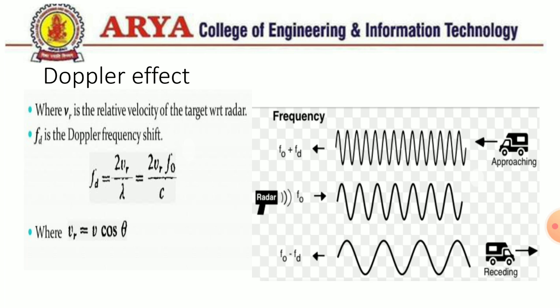Now I will explain what will happen here. If the target moves toward the radar system, then the reflected signal frequency will be f0 plus fd, and if the target moves far from the radar system, then the reflected signal from the target will have frequency f0 minus fd.